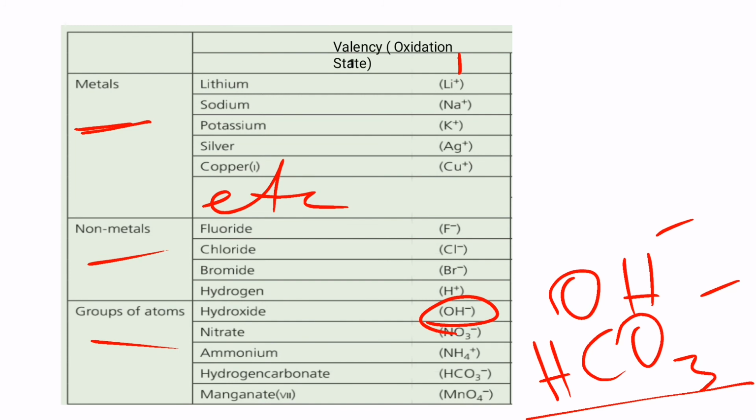Suppose let's take lithium chloride. So what we are going to have here, we have lithium and then we have chloride. So now we know that the charge of lithium is +1 and the charge of chloride is -1.